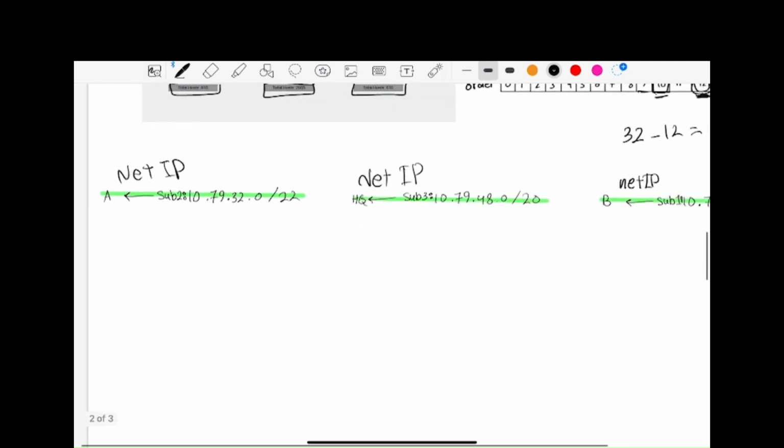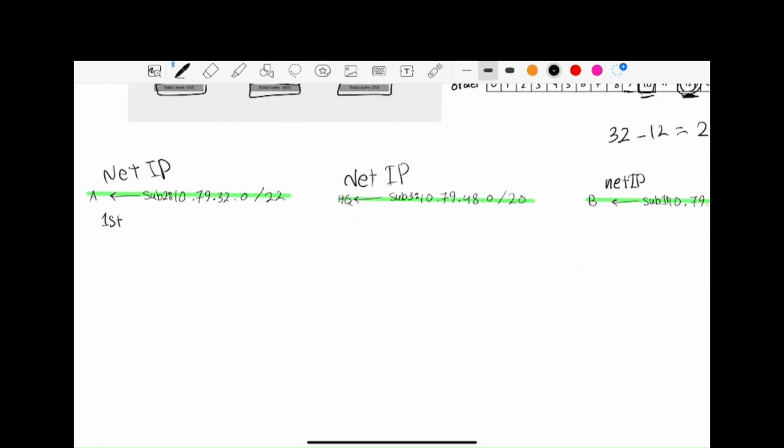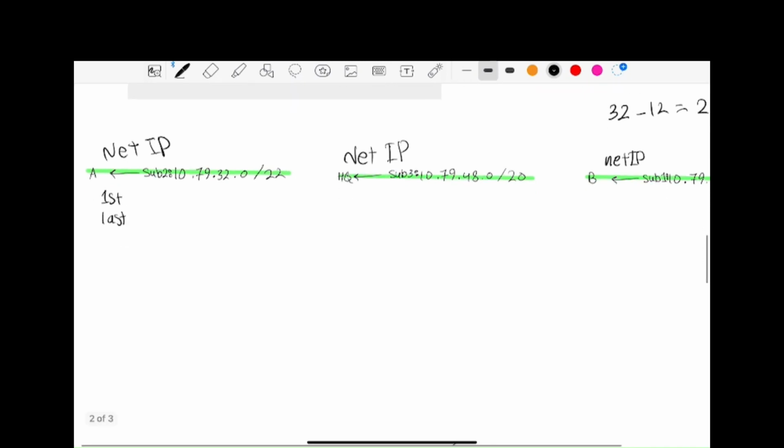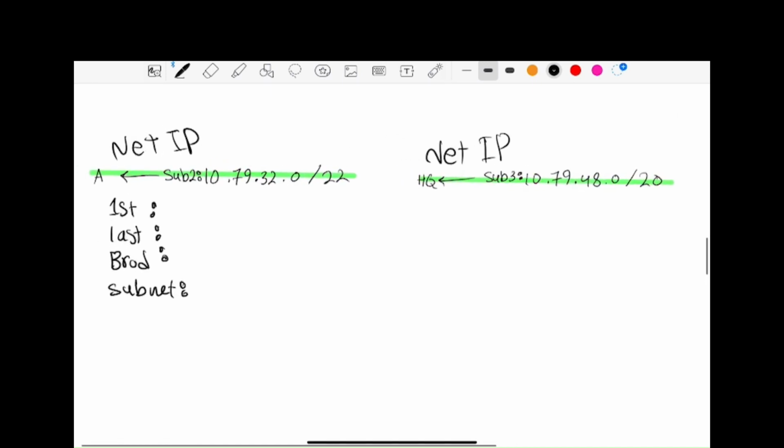We want to get the first usable, last usable IP, broadcast, and subnet mask. To do that, this is very easy. When we add 1 to this IP, we will get the first usable. So that will be 32.